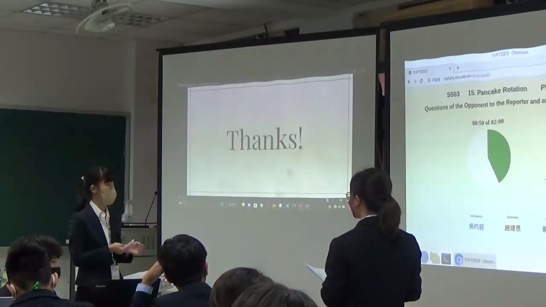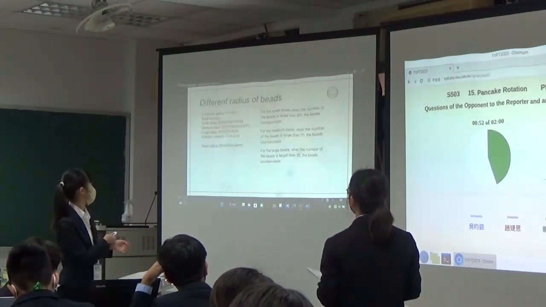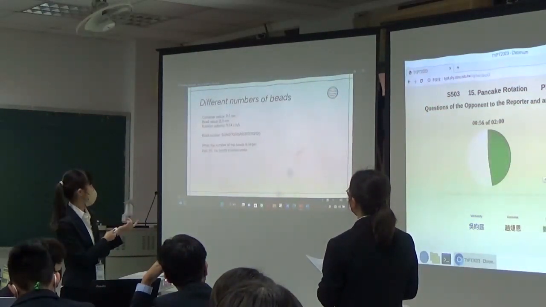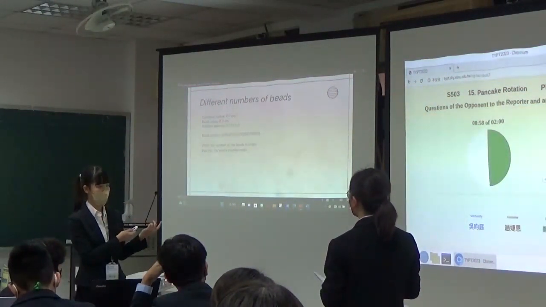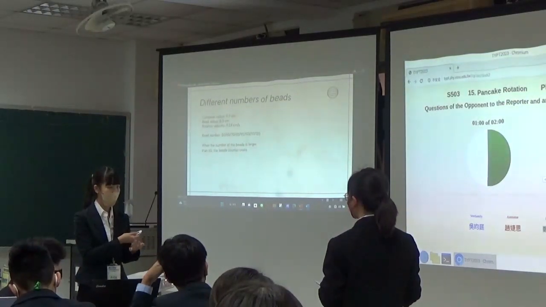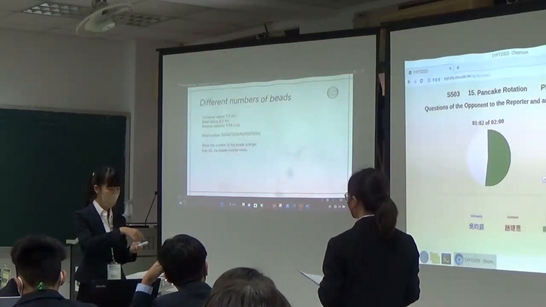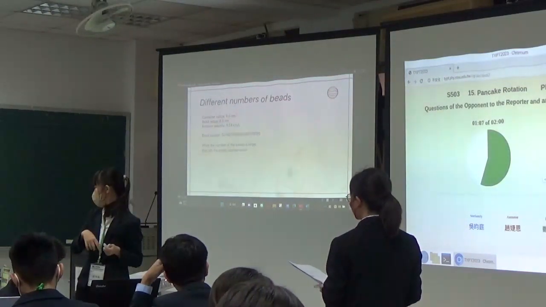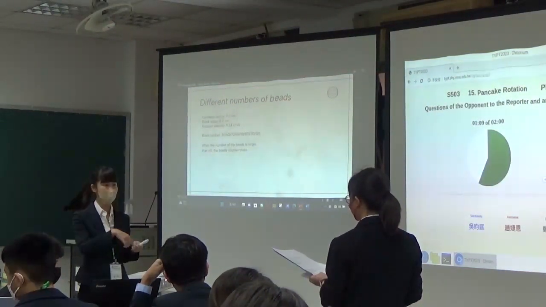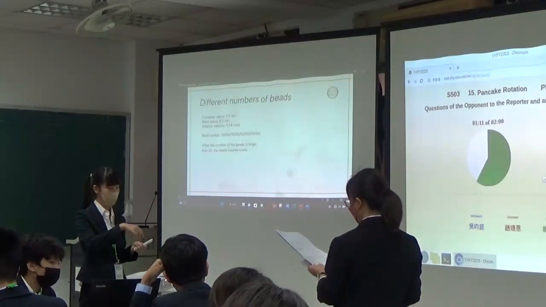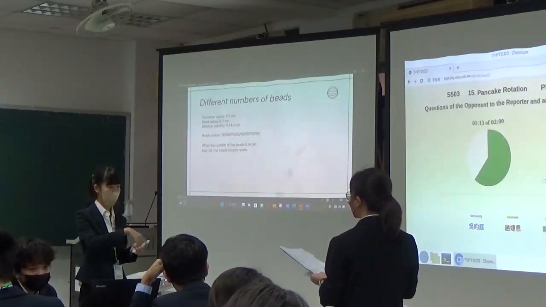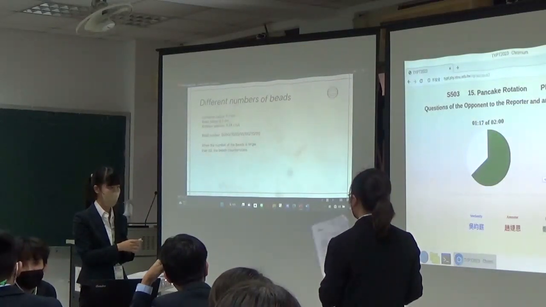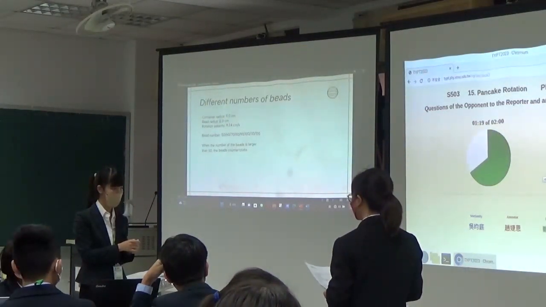The main cause is, as I said, the radius of beads and container and the number of beads. What force? The main force. The main force is... Okay, if you do the experiment and you have the data.